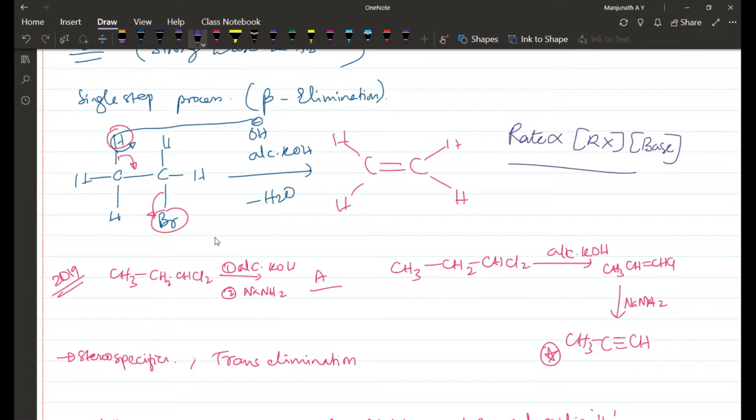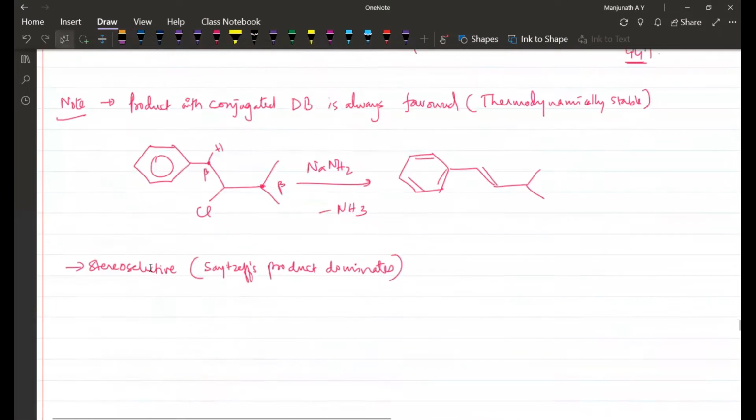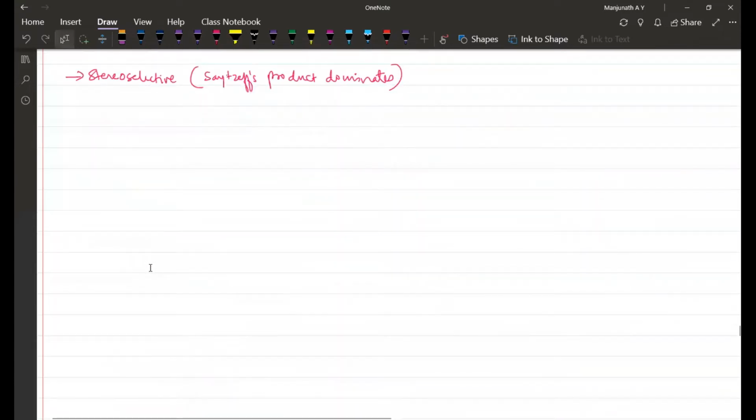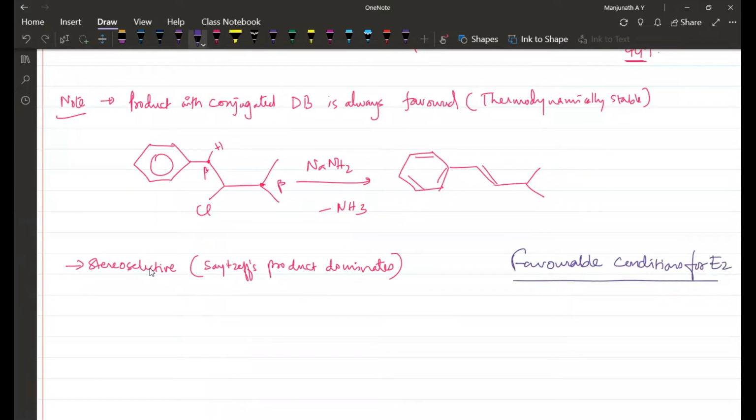There are certain conditions which favor E2. Can you tell? We should also participate to a little extent at least, otherwise we will feel bored. So favorable conditions for E2, can you tell me? Rohan, Naman?